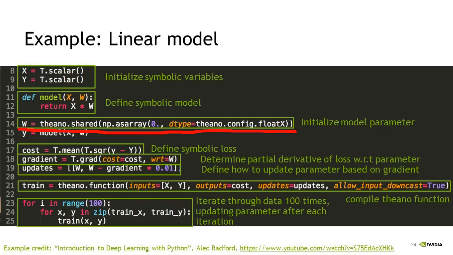So you're not just defining a Python function, you're actually telling Theano to compile a function that can be run efficiently on the underlying CPU or GPU hardware.